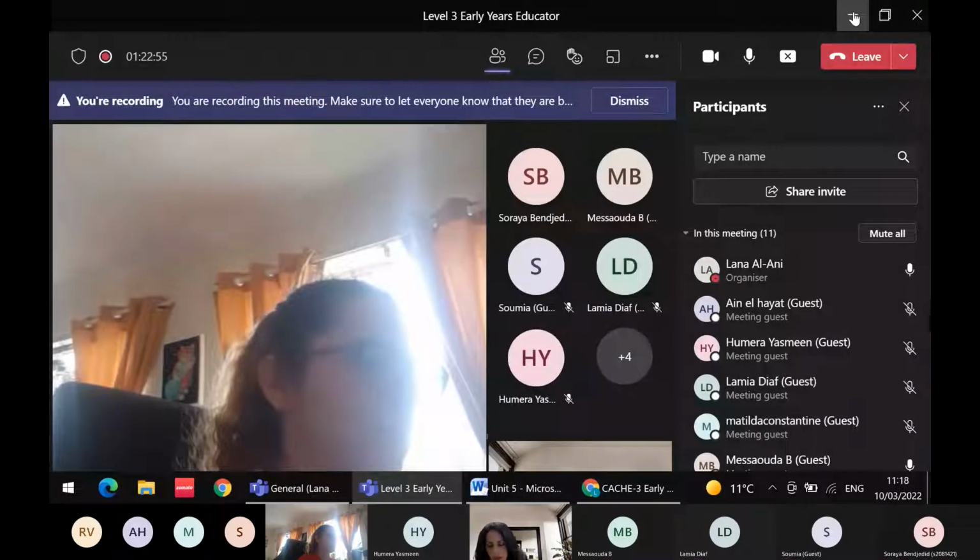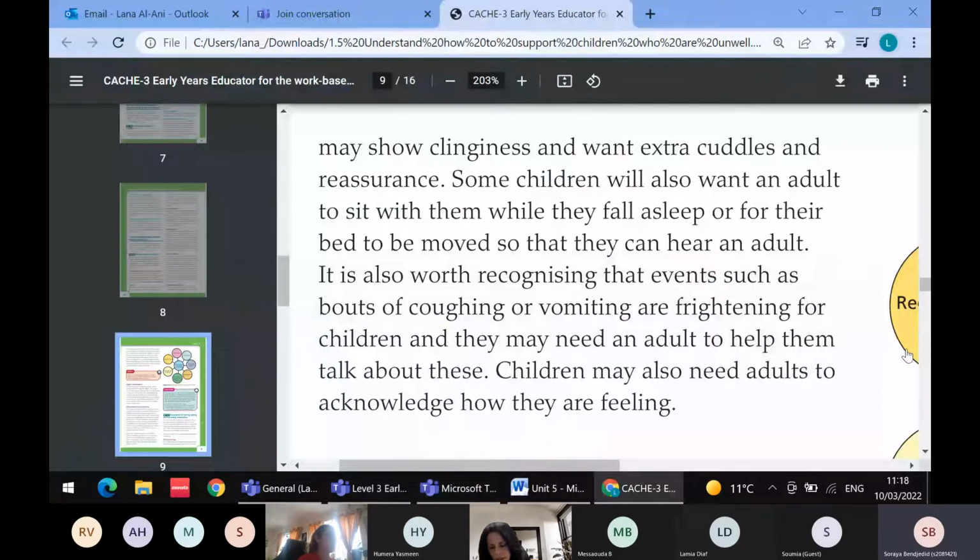You see them very quiet, very clingy to you, wanting cuddles, reassurance, hugs. He's very sad. Some children will also want the adult to sit with them while they are falling asleep.